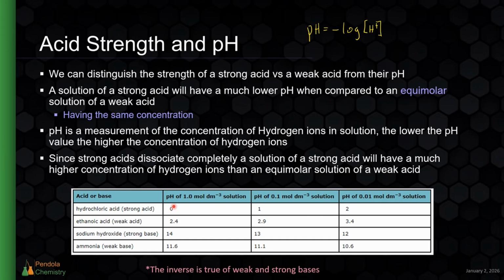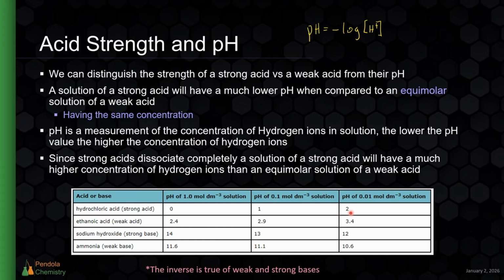If we instead look at a 0.1 mole per cubic decimeter solution, the pH of a hydrochloric acid solution at that concentration is 1 versus the ethanoic acid is 2.9. Still, hydrochloric acid is going to be lower than the ethanoic acid because they're equimolar solutions that have the same concentration. And then if we do a 0.01 molar solution, then we're looking at a pH of 2 for hydrochloric acid versus 3.4 for ethanoic acid.